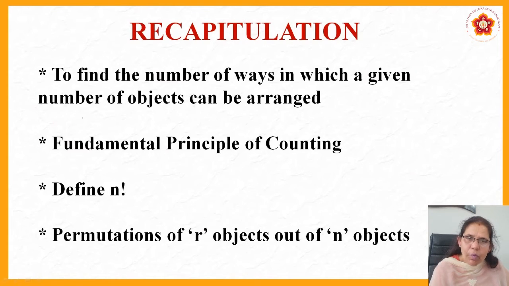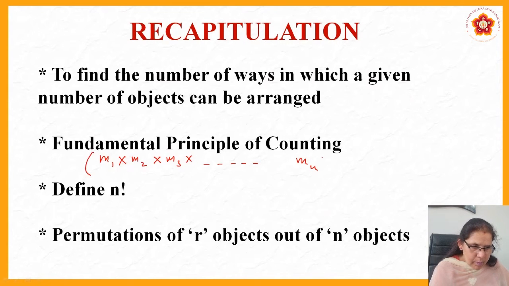Then the total number of ways in which the events can take place is given by m1 multiplied by m2 multiplied by m3, and so on, up to mn, with mn minus 1 before it.